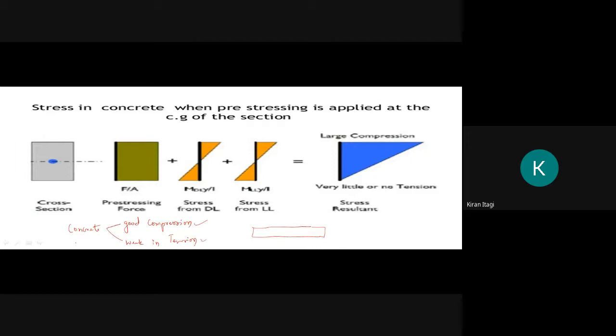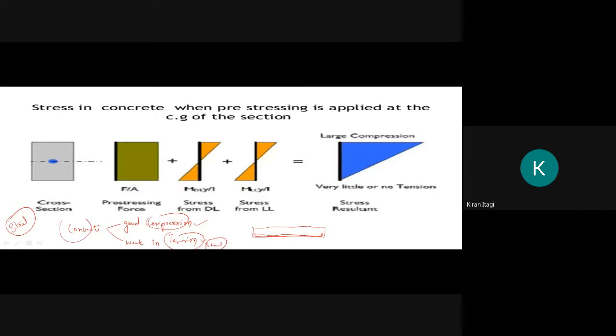But your steel, what do we do? It will take the tension. So that is why we are providing the steel, such that the concrete will take the compressive force and the steel will take the tensile force. Correct? Remember this one, very important for all aspects.